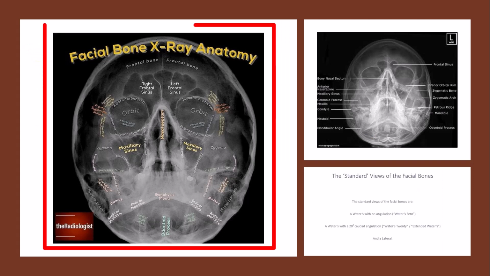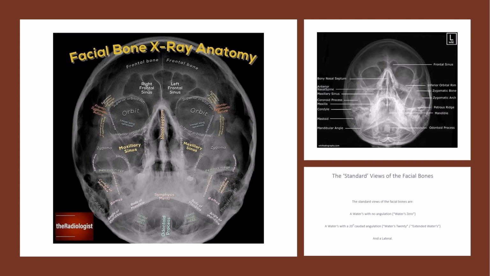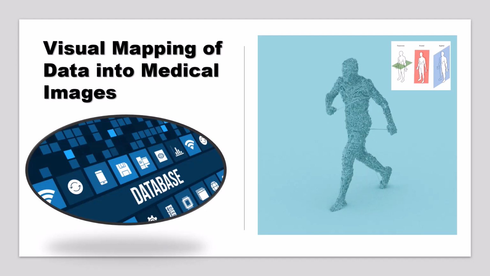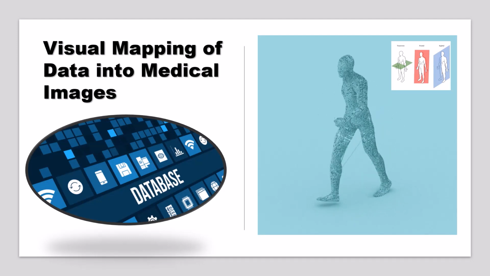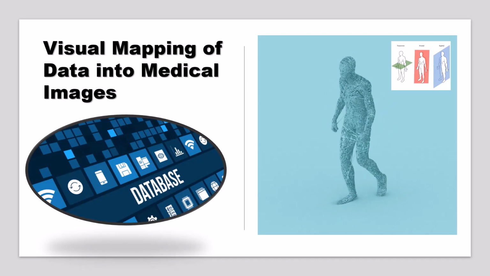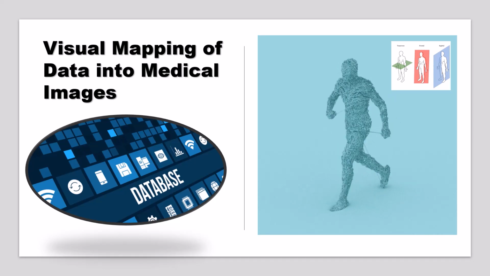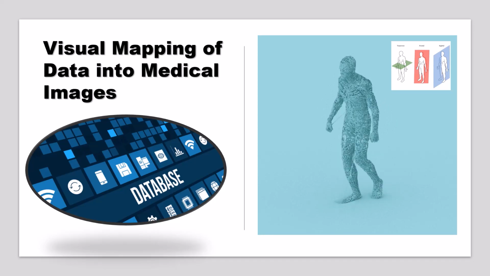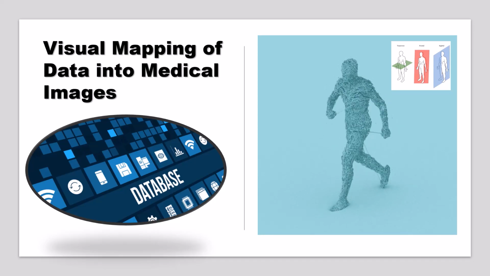Here we see a facial bone X-ray that was done with stereoscopic reconstruction many years ago. In today's medical imaging, we use data and we map the data to create 3D images through computer algorithms.